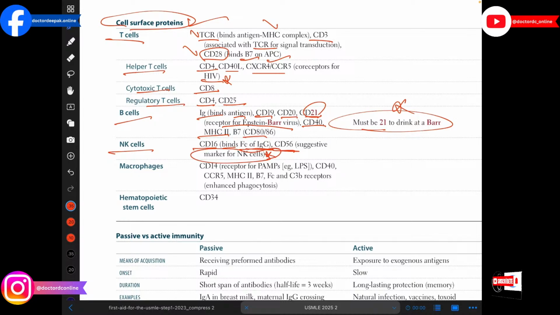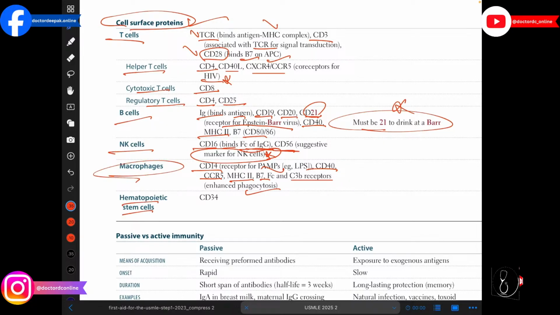All of you know that. Then in the macrophages you have CD14, the receptor for PAMPs, and CD40, CCR5, MHC class 2 and B7, Fc, and C3b receptor that enhance phagocytosis. This all belongs to macrophages.